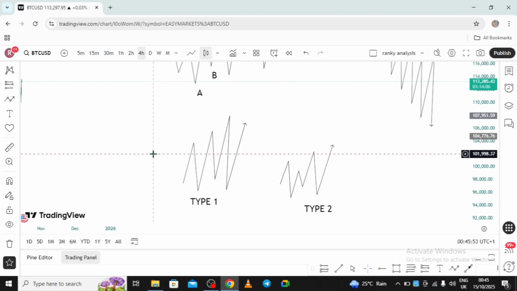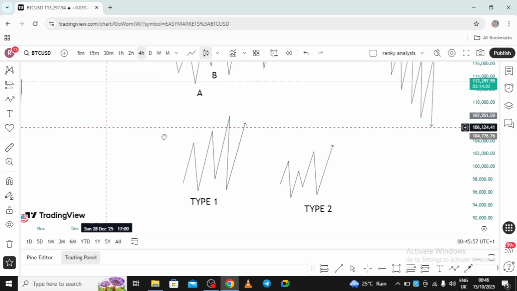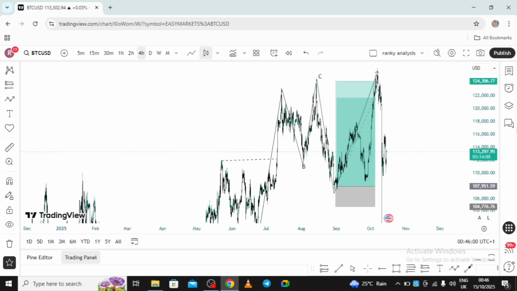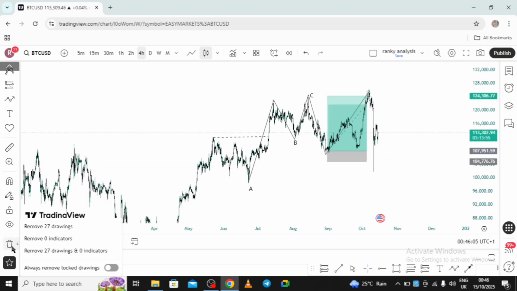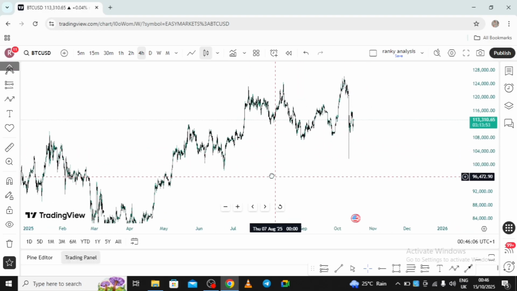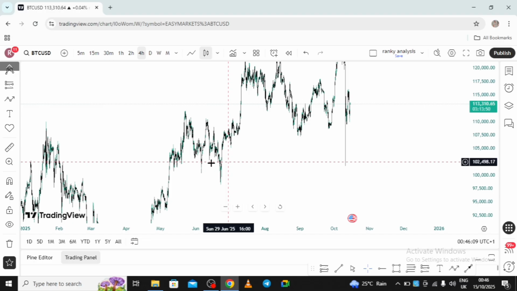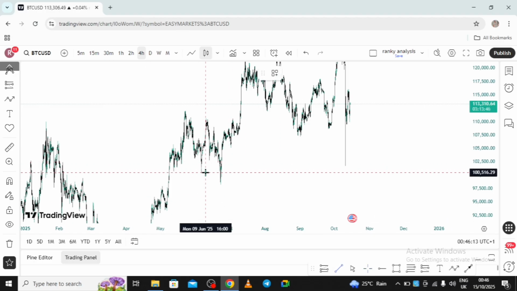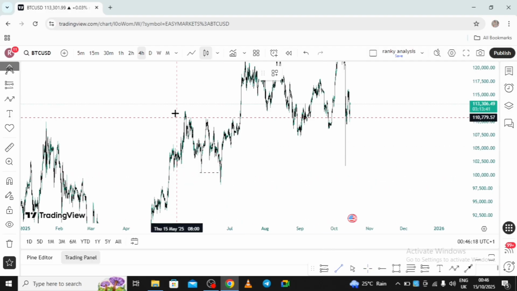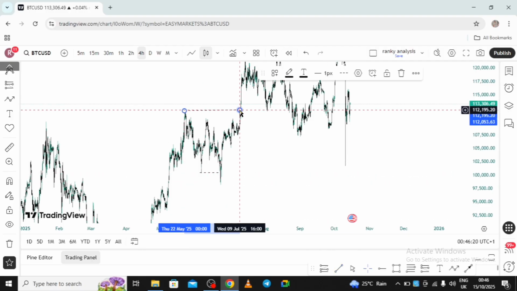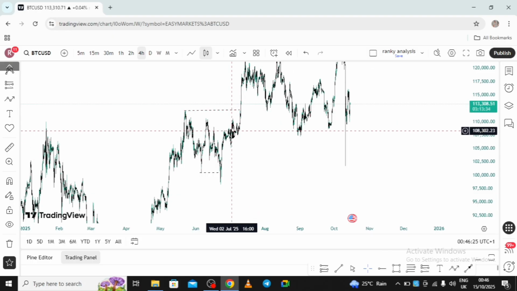So let's dive into the chart and let me show you them on a real chart. Here is an example. You can see here this high. If you watch here, you can see a sweep, like I told you guys. You can see a sweep right there. You can see a break of structure.